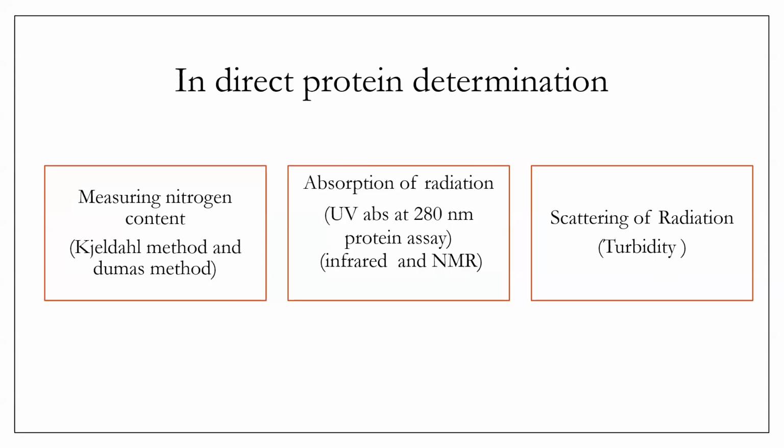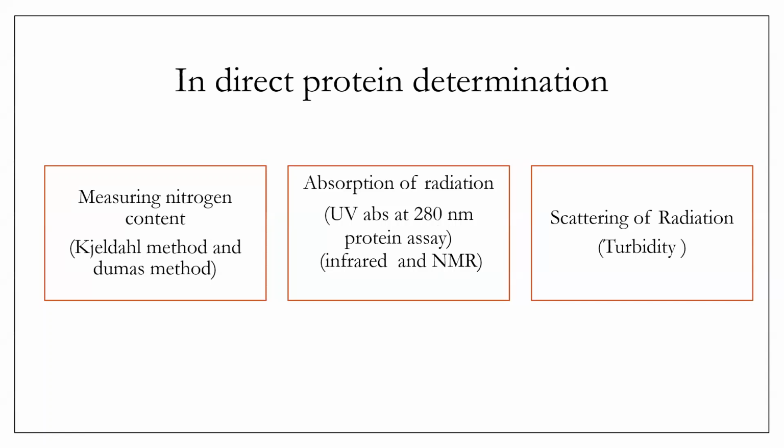Normally tyrosine and tryptophan absorb, but sometimes the nucleic acid also absorbs at 280 nanometer. In that case, UV absorption at 280 nanometer will not give you accurate results. So the more purified the sample, the more you can go for UV absorption at 280 nanometer.